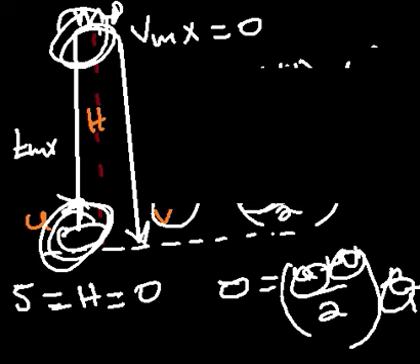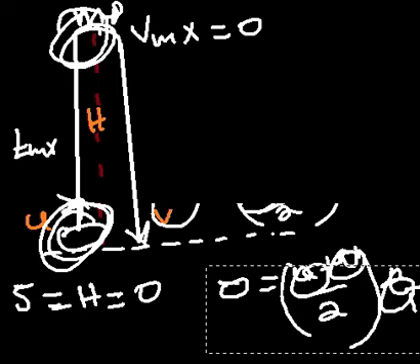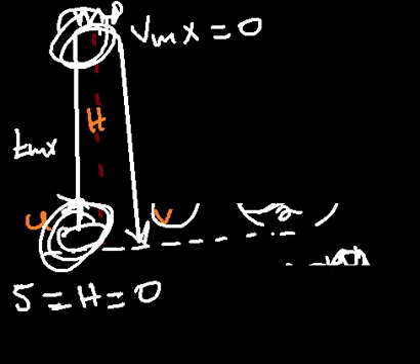How can we have the initial velocity if we have the t total?